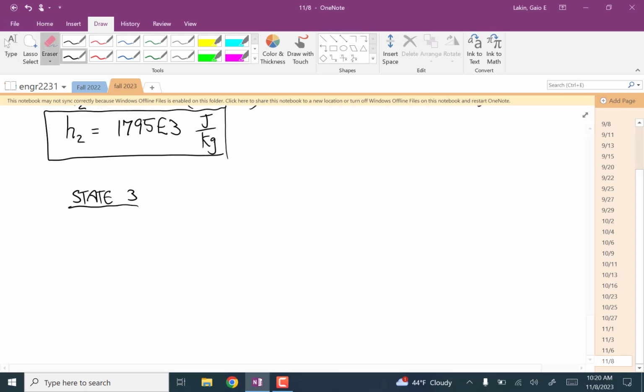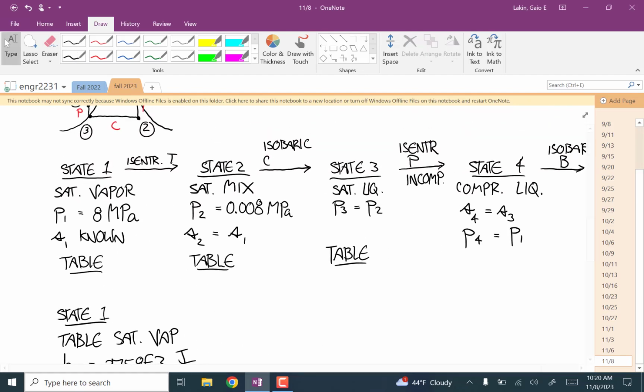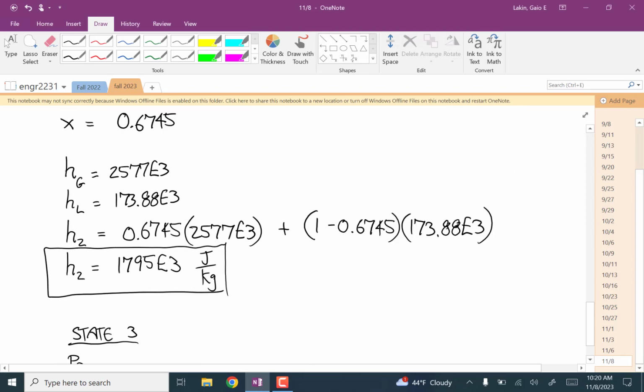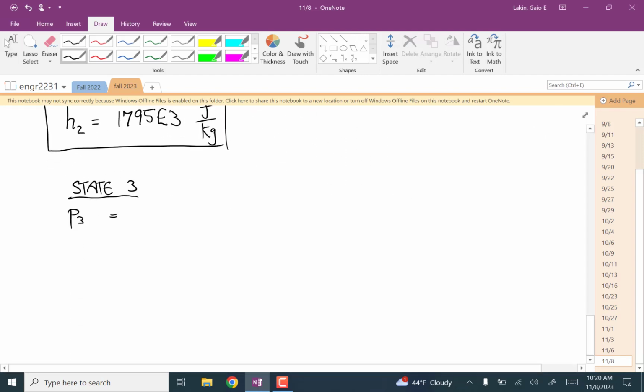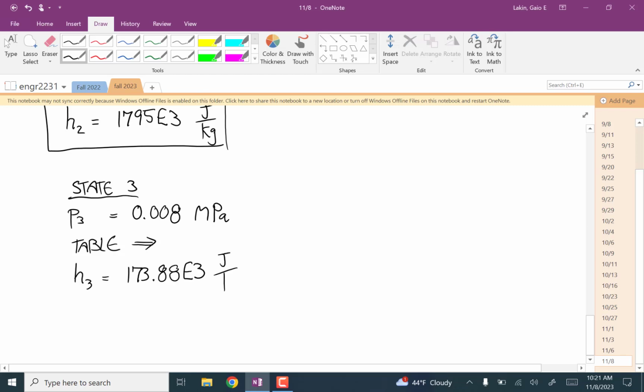P3 is equal to 0.008 megapascals. And so the table just directly tells us that H3 is equal to 173.88 times 10 to the third joules per kilogram.